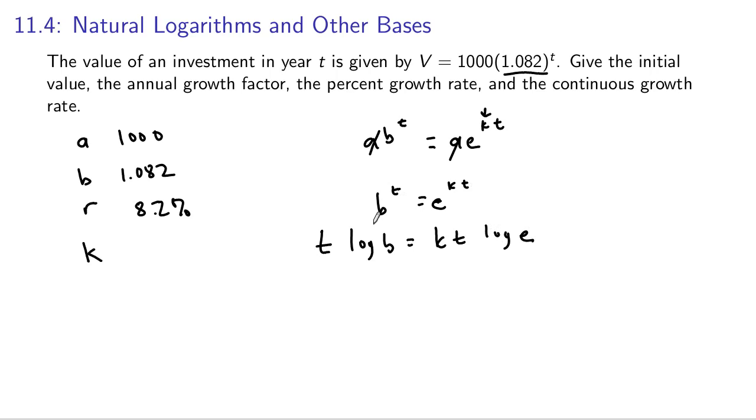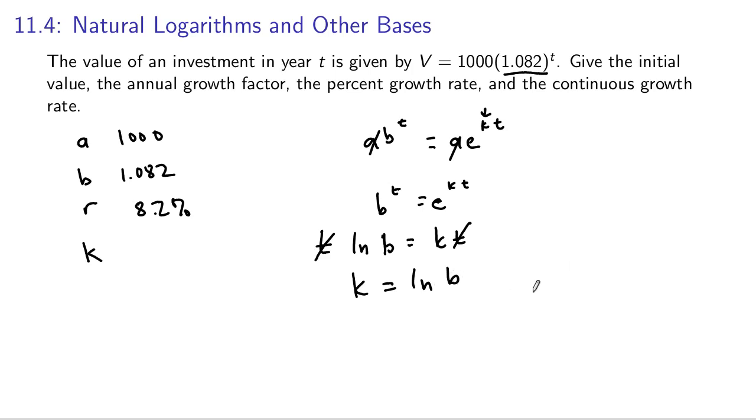And we can do this with base 10 logarithms, but it might make more sense to use the natural logarithm. The natural logarithm of e is just 1, or remember the natural logarithm undoes e to the kt, so we can get rid of that. And we just have t times natural log of b is kt. Well, the t is on both sides and it'll cancel, it's non-zero. That gives us that k is the natural log of b.